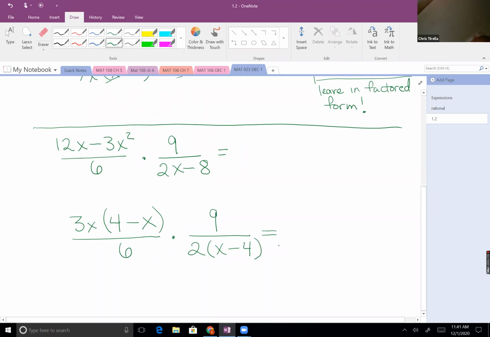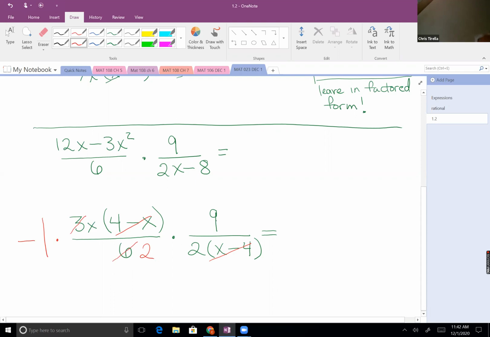Now here, the 4 minus x and the x minus 4, they're both subtraction, but it's reversed. So remember, we had said that we can cancel those as long as we remember to multiply our answer by -1. Otherwise, I can put 3 into 6 twice.